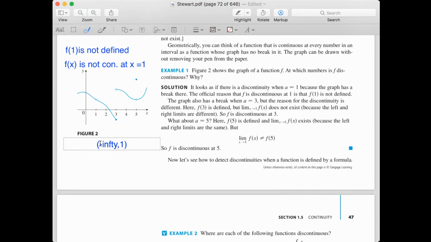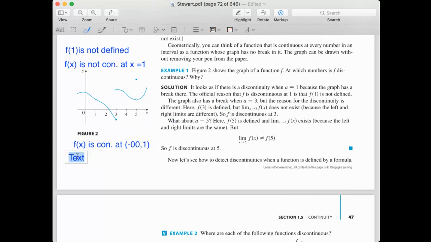I want to write f of x is continuous on this interval, from negative infinity up to 1. The open circle means 1 is excluded from this set, and f is not continuous at 1.